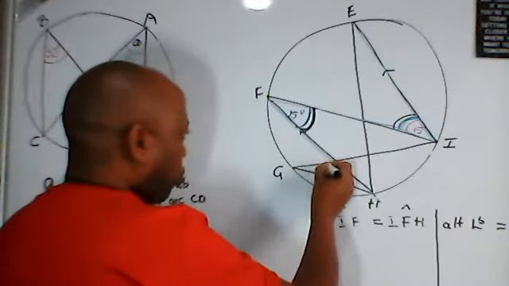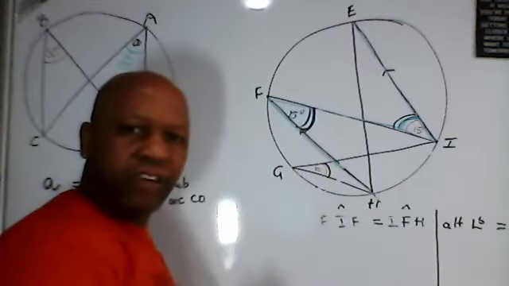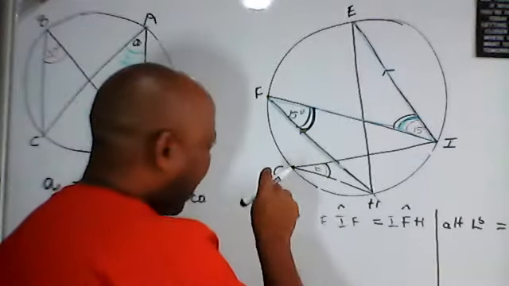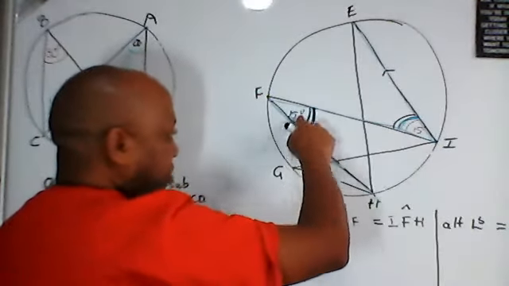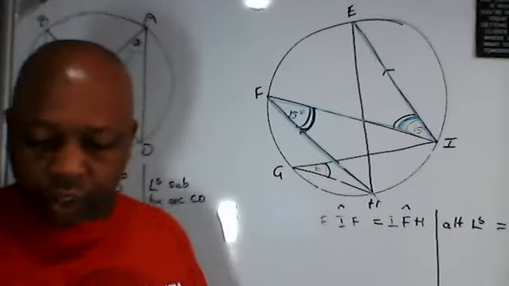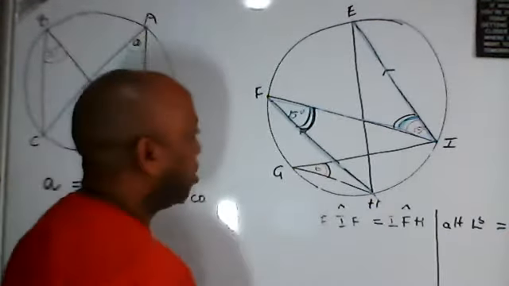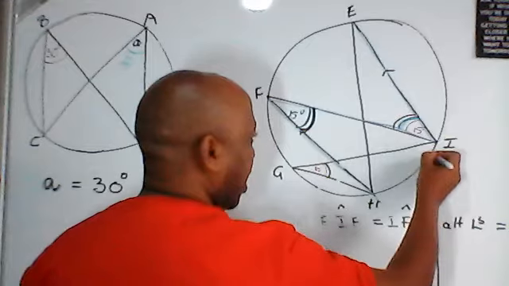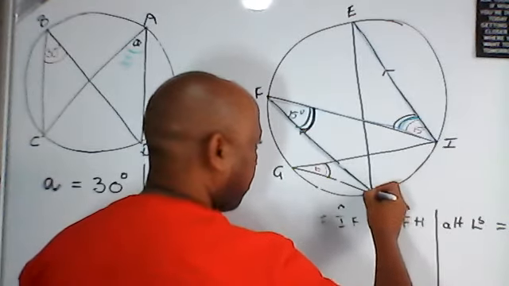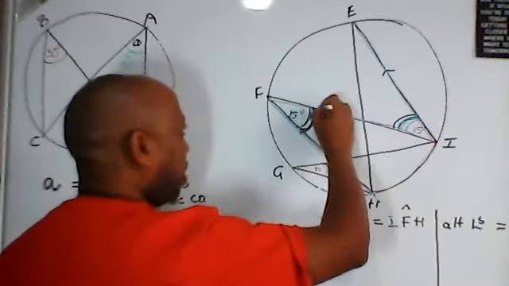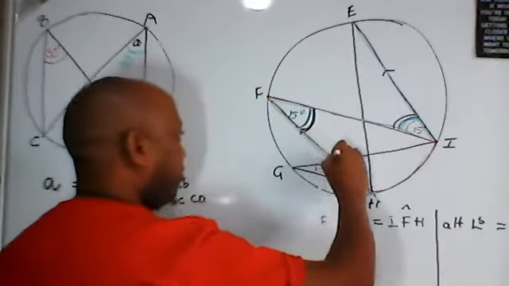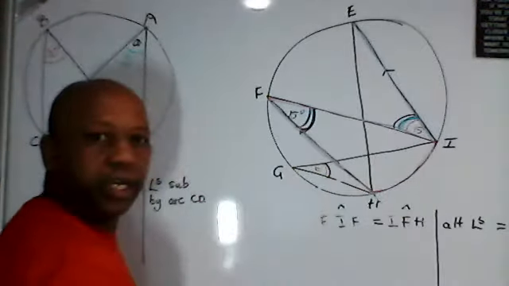Now we want to solve for B. I'm looking for a way to get to B. I've got that as 15, we've been given this as 15, and we've established that as 15. If I draw this arc out for you, look at arc HI. This arc subtends this 15 degrees.